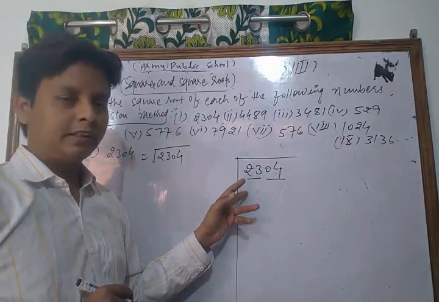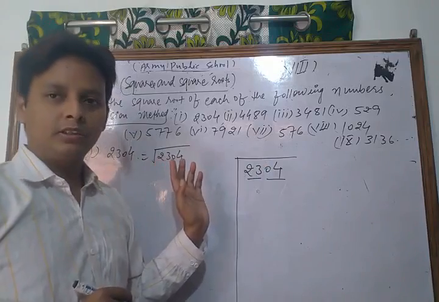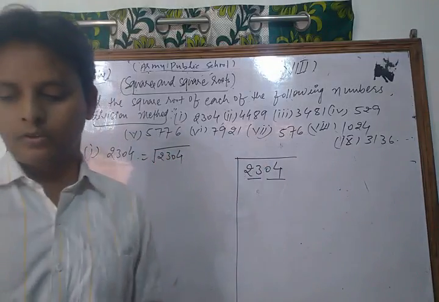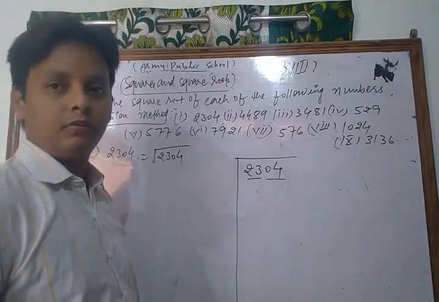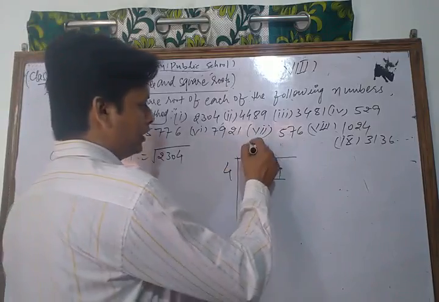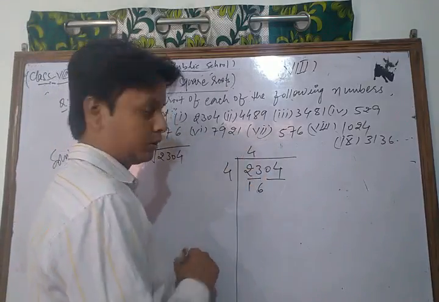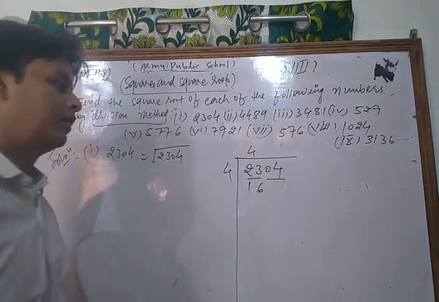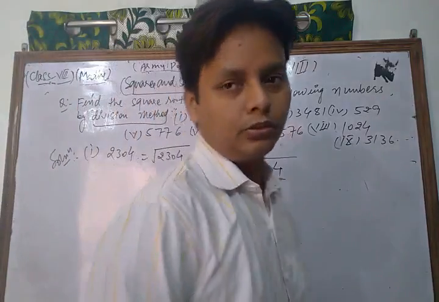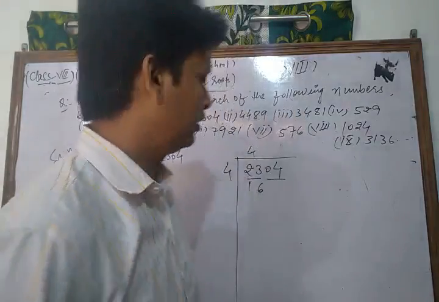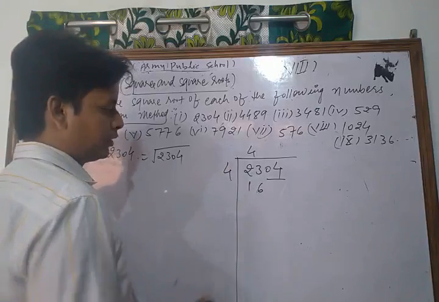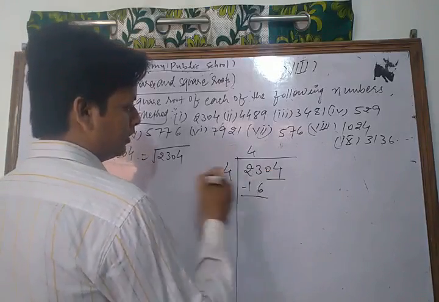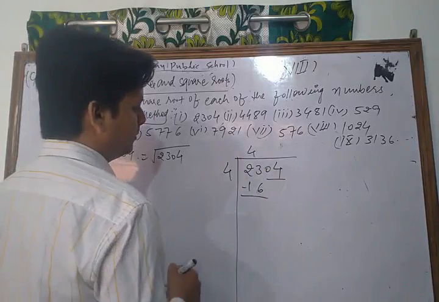So 25 is greater than 23, so we take only 4. 4 times 4 is 16. In the next process we subtract them. What do I get? 13 minus 6.